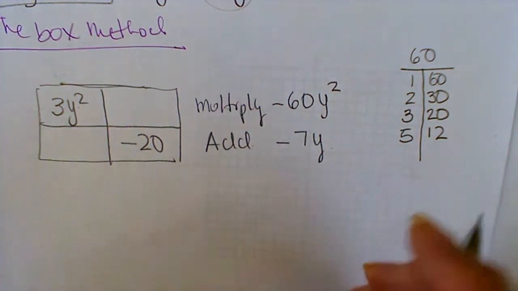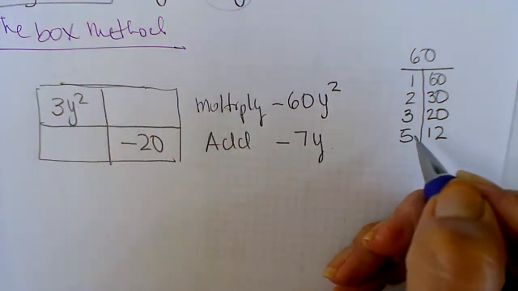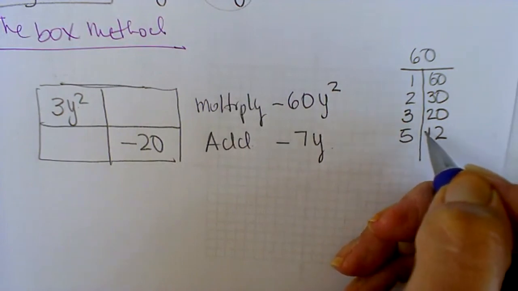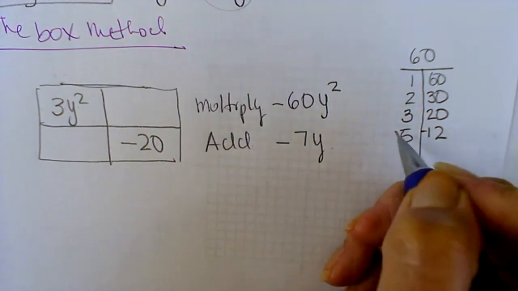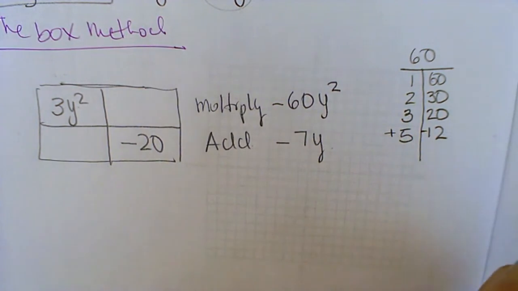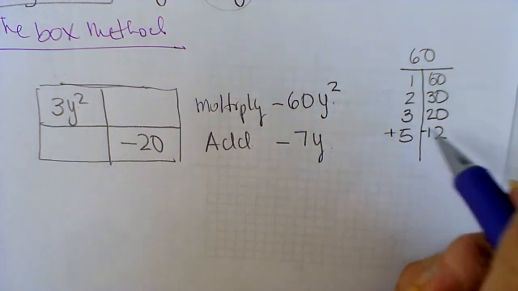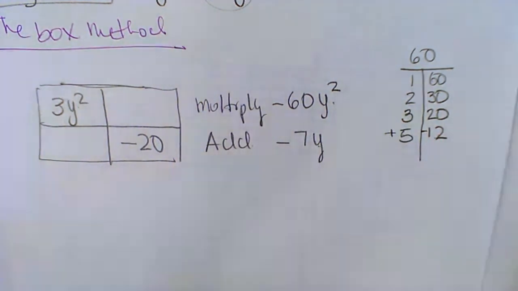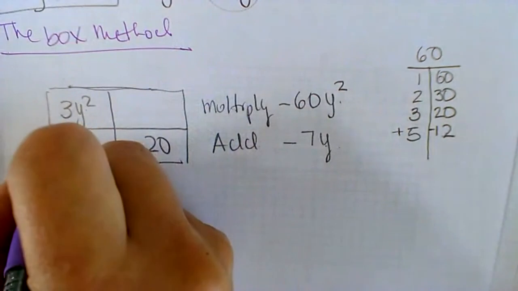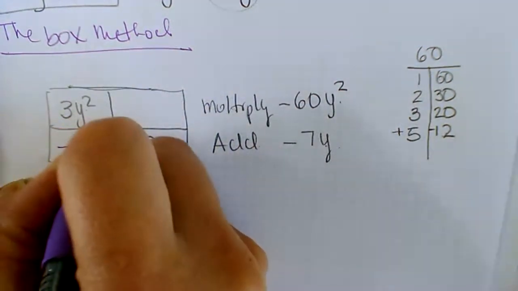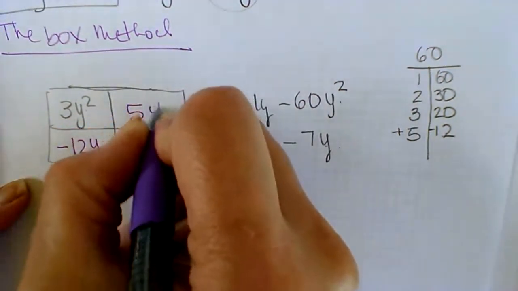But this one will have to be negative and this one positive, right? When I multiply them, I get negative 60. When I add them, I get negative 7. Yes, that's the two numbers. So then negative 12y and the 5y is going to go here.